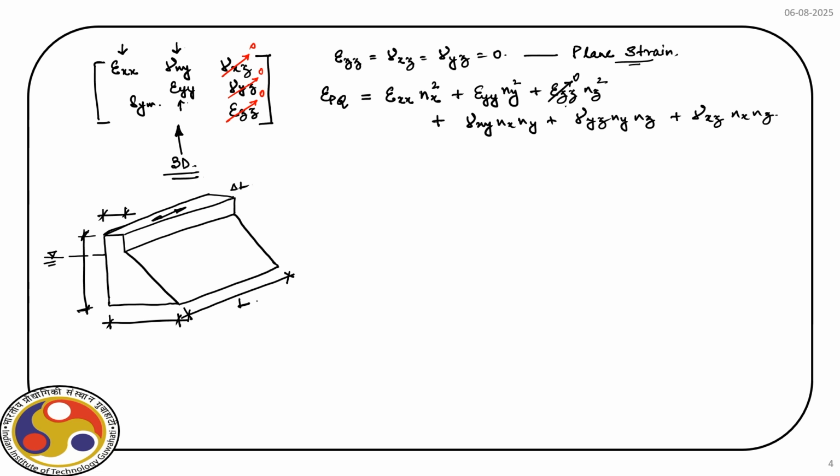Now, if these quantities are 0, then obviously we can further modify the expression. So, we can neglect this, and we have epsilon pq for 2 dimensions as this one.